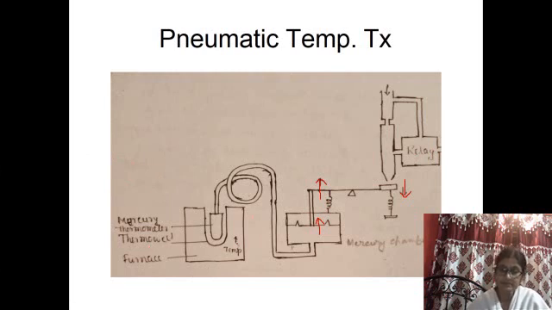But in this case, when the process variable increases, the output signal decreases. So the relay should be chosen as reverse action type, so that when the process variable increases, the output signal can be proportionately changed accordingly.